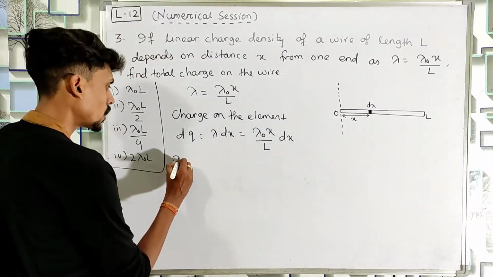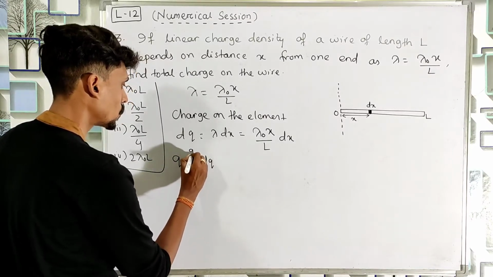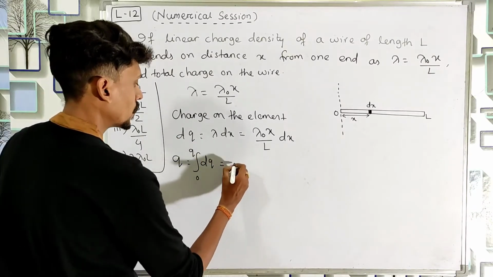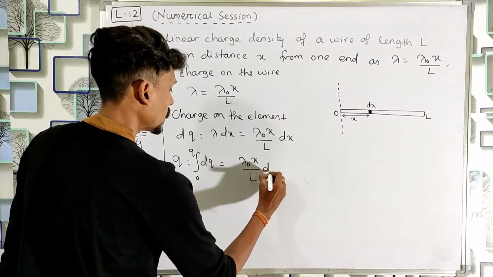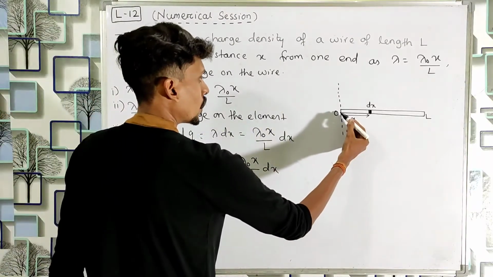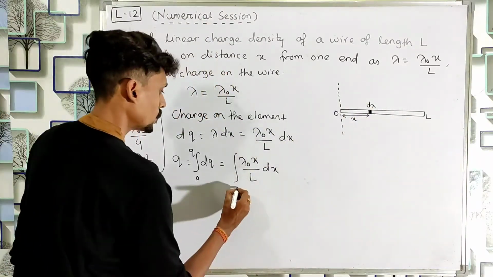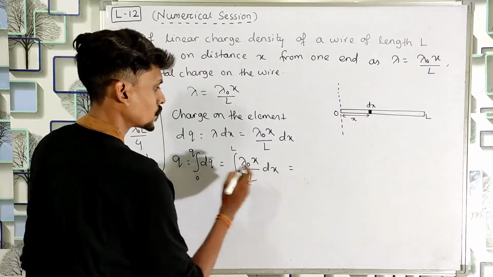So the total charge q will be integration of dq from 0 to q, that is equal to integration of lambda naught x by L into dx, and here the limit of x will be from 0 to L, so you can take this lambda naught by L outside.